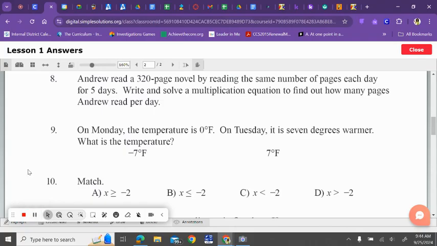Alright, so for the next one, it is a division problem. They give you the total amount. They give you how many groups, and then they are asking how much is in each group. So that looks like this.